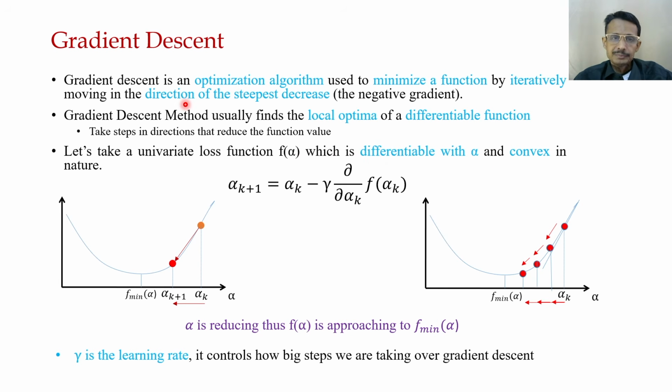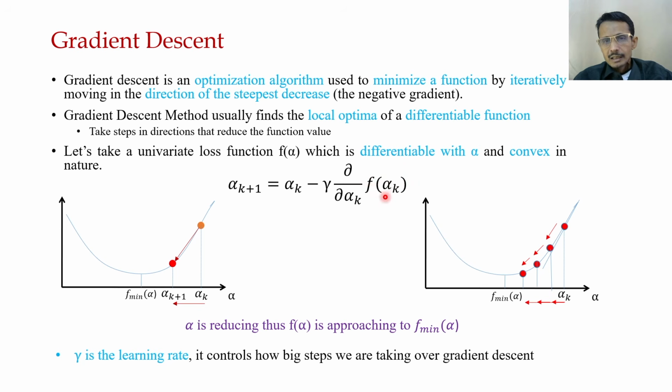Now alpha k plus 1 is basically a parameter, and the parameters are updated by this equation. Alpha k plus 1 equals alpha k minus gamma, which is called the learning rate, times d by d alpha k of the function f of alpha k.